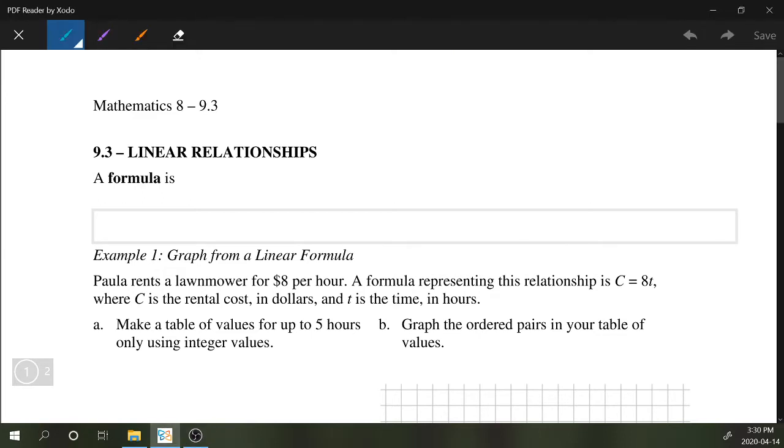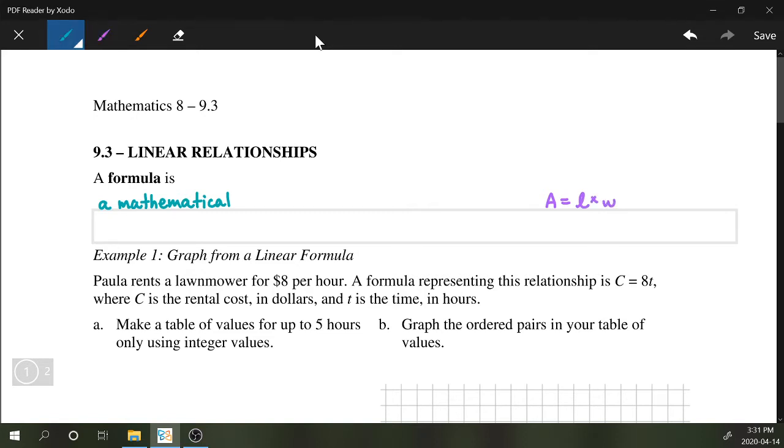So, I know that's a very technical definition, but what that essentially means is, let's say, for example, you are calculating the area of a rectangle. The formula for that would be A equals area equals length times width.